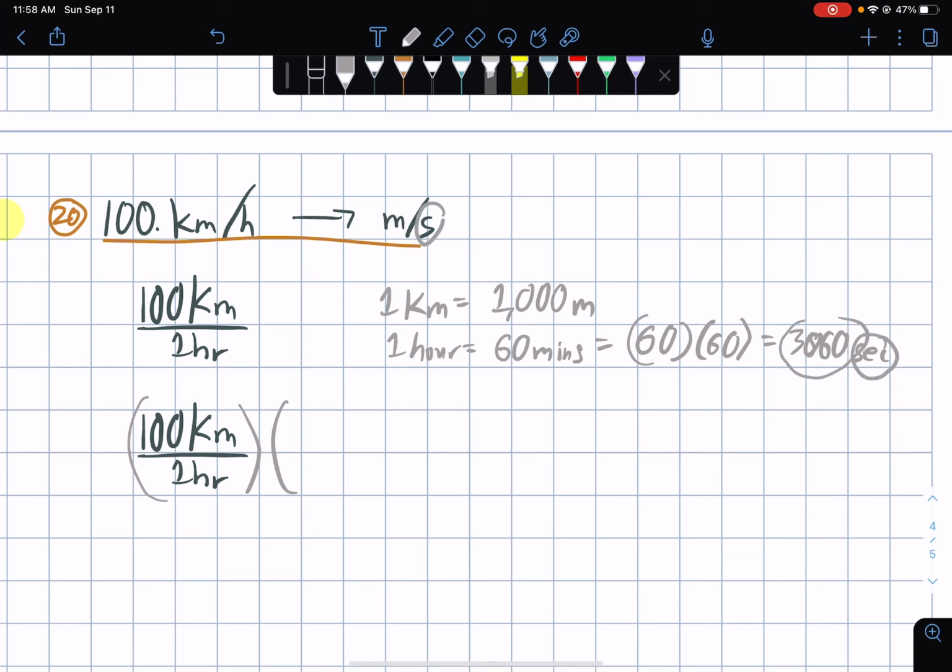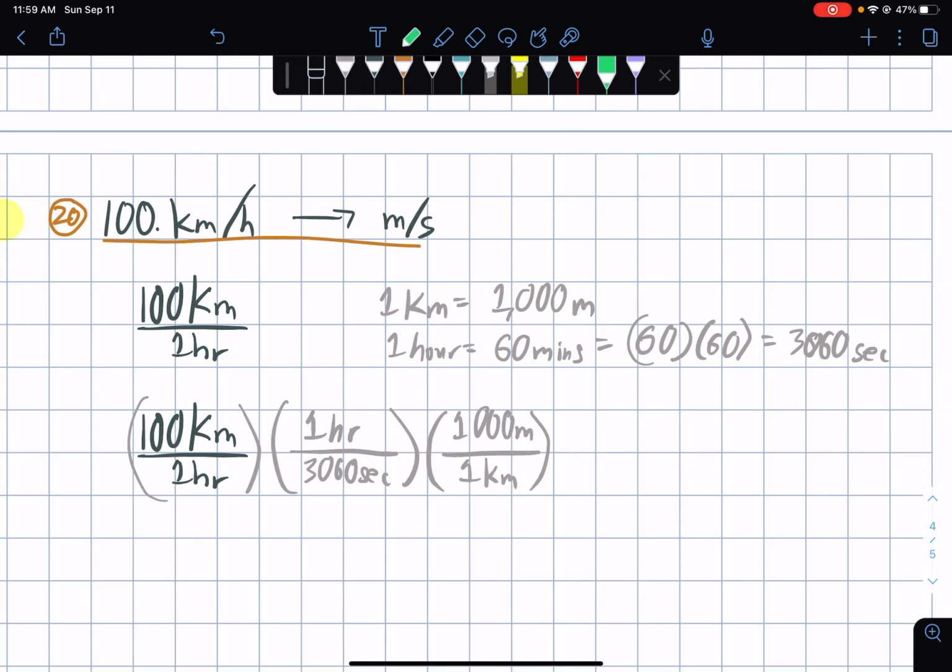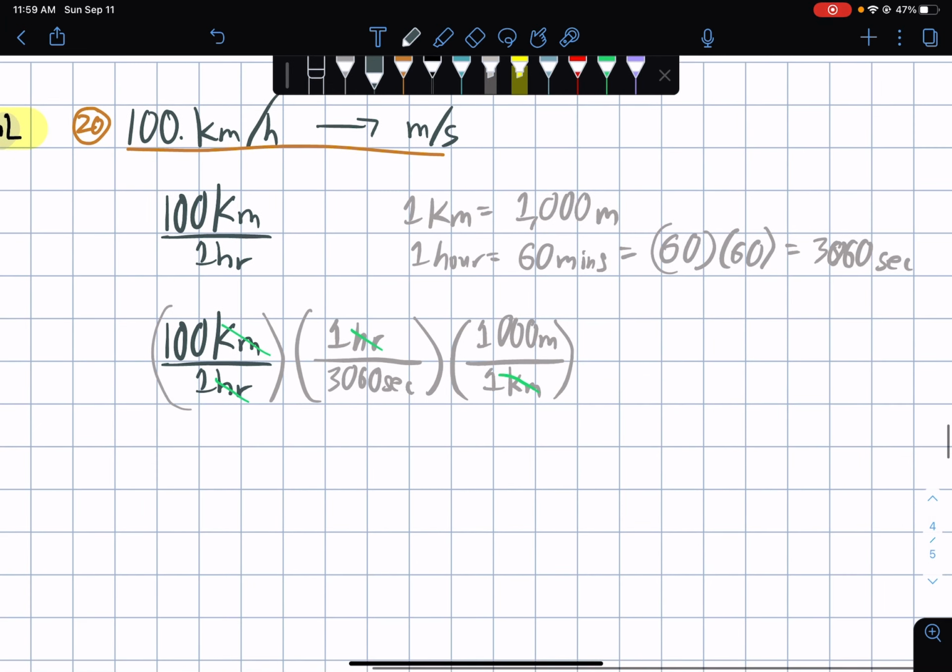We're looking for our final answer in seconds, so we write them this way: 3,060. Actually, no. Seconds should be in the denominator, and the hour should be at the numerator, so this and this would cancel. And so for the meters, from kilometers to meters, we put the kilometer at the denominator for these two to cancel, and we need 1,000 meters at the numerator. Alright, so cancel the unwanted values, the former ones, and bring in the new ones.